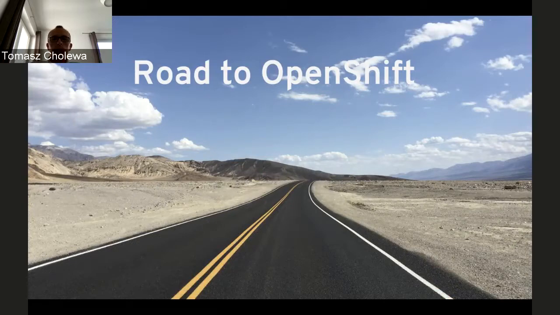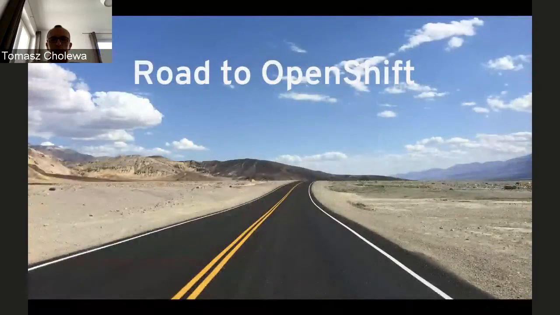So this is a picture. Actually, it was taken by me near Dev Valley this year. So we went there to San Francisco to give a similar presentation at Red Hat Summit. And this road looks pretty nice, I guess. But just like this road, it isn't quite straight.